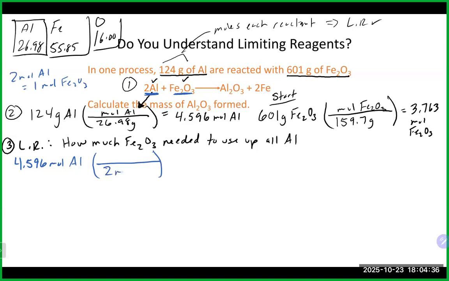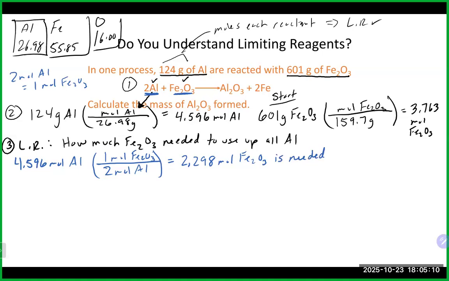Opposites cancel, so the moles of aluminum go on the bottom and the mole of iron 3 oxide go on top. So this calculation between the two reactants is simply just to try to figure out which one of those is the limiting reagent. So we're going to go 4.596 divided by 2, and we will get 2.298 moles of iron 3 oxide is needed.